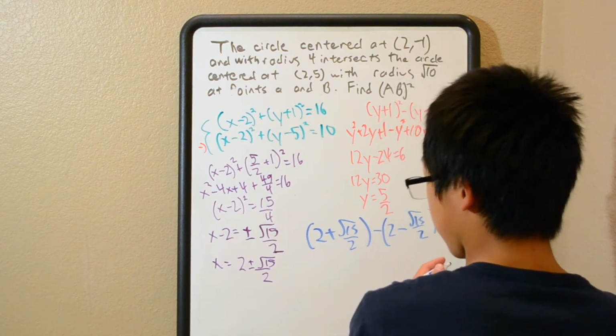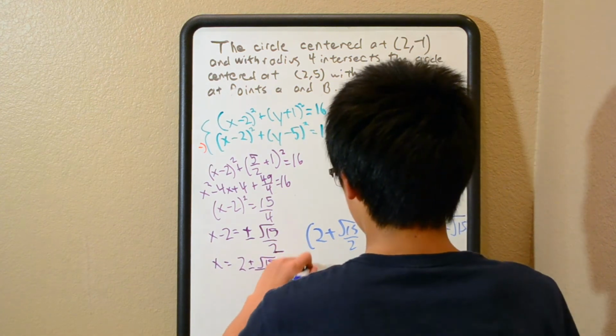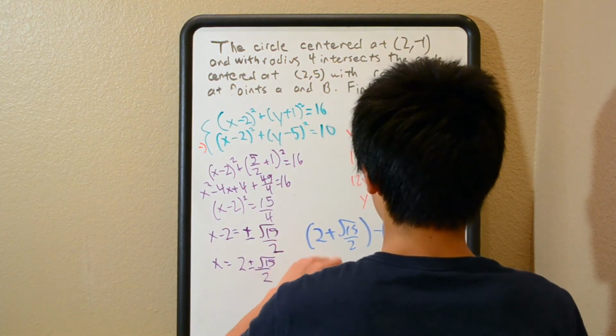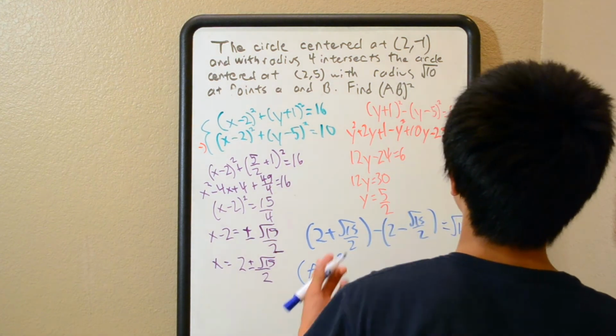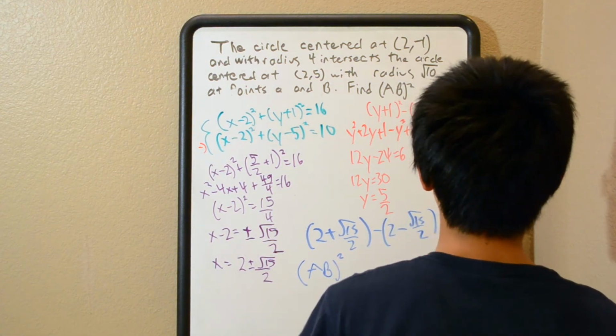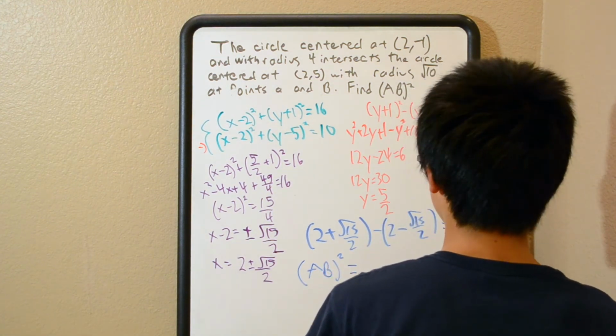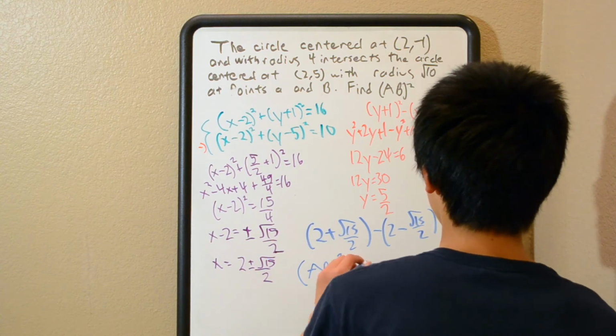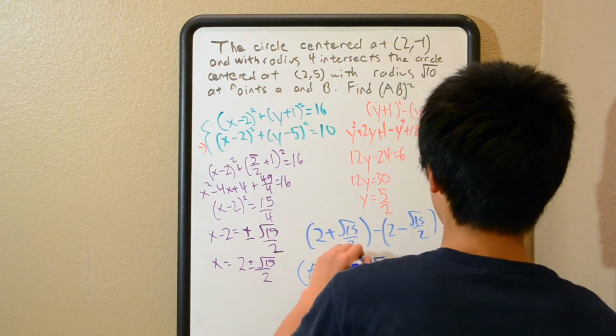We found AB, but we haven't finished the problem yet, so squaring √15, we get the answer to be 15.